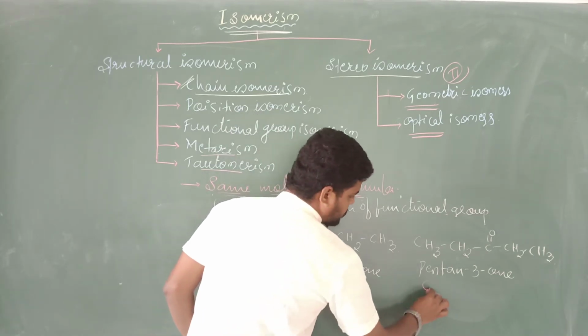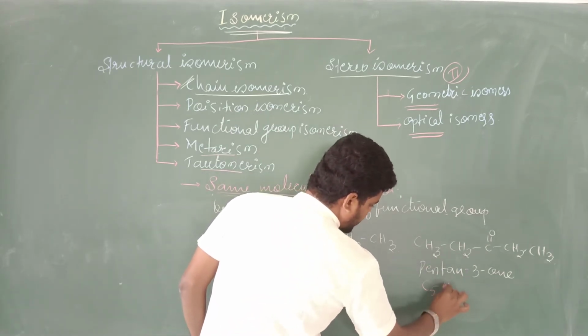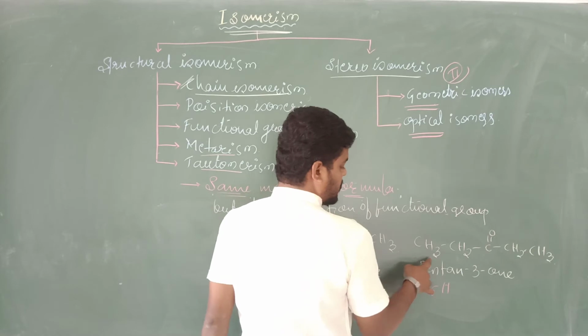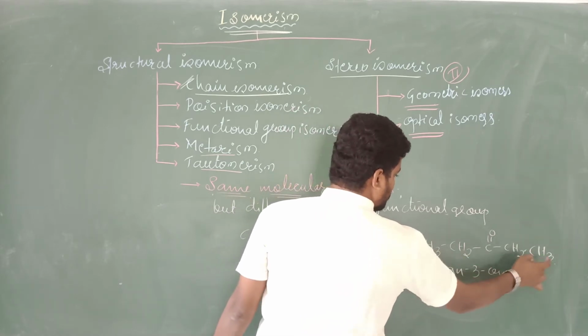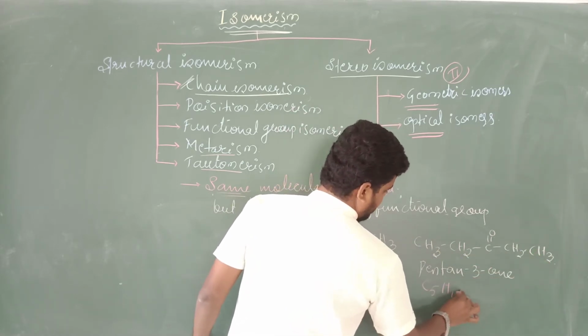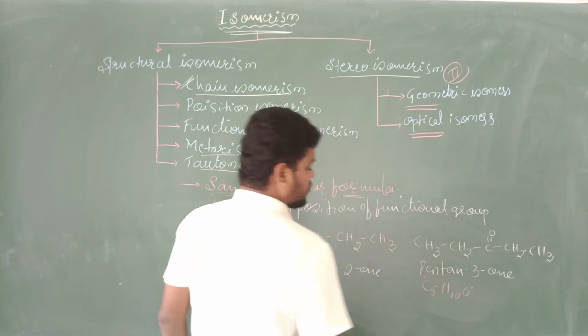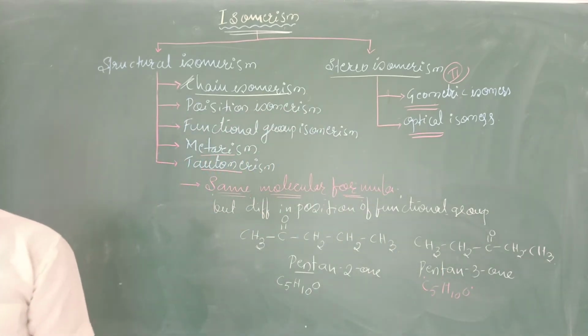Number of carbon atoms 5, hydrogen atoms 3 plus 2 is 5, and here 3 plus 2 is 5, 5 plus 5 is 10, and oxygen atom 1. So both have the same molecular formula, C5H10O.